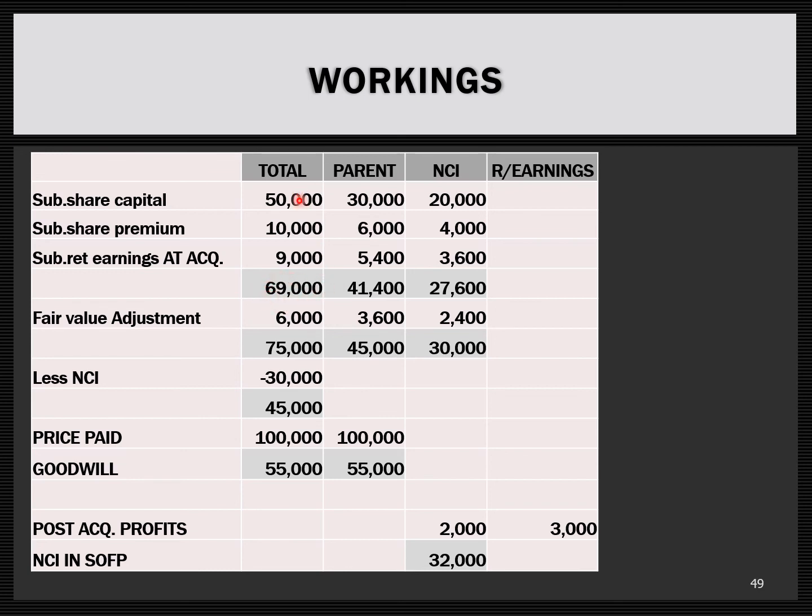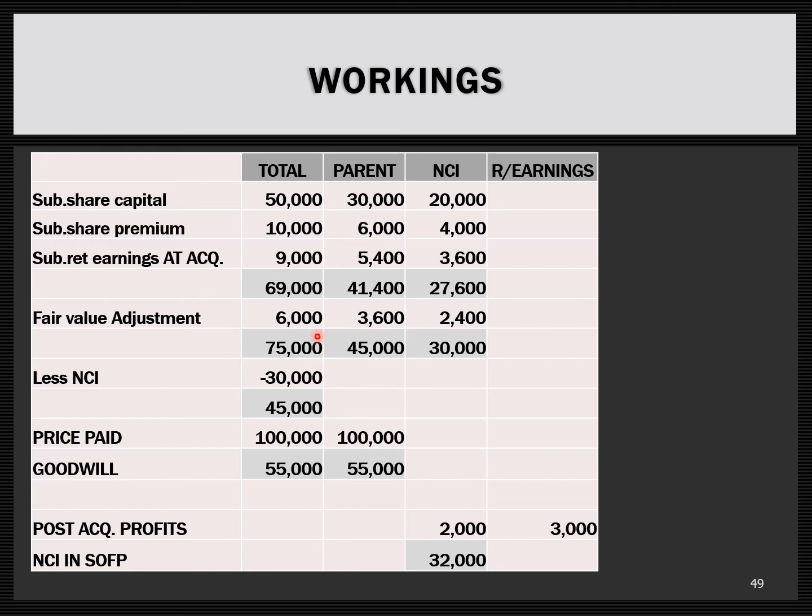So we take the subsidiary share capital and share premium account, and the retained earnings, not the current retained earnings figure, but the retained earnings at the date of acquisition. That will give us the total balance sheet value of the subsidiary. Add on to that any fair value adjustment if the assets were worth more than their balance sheet figure.